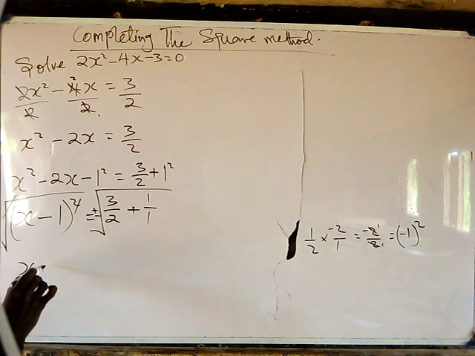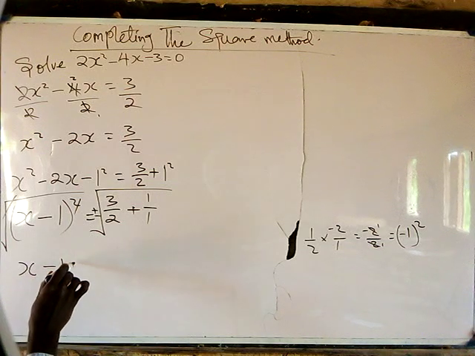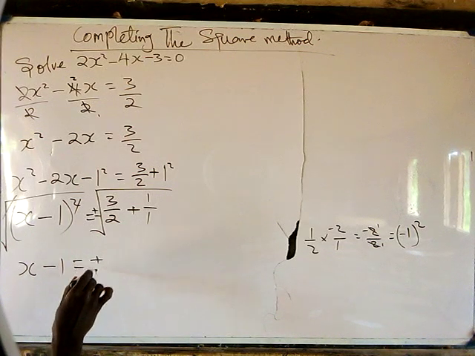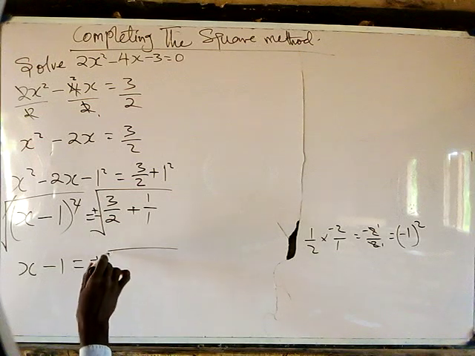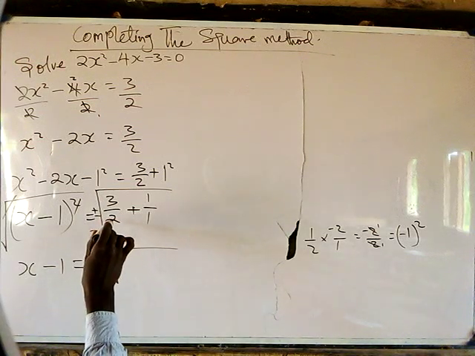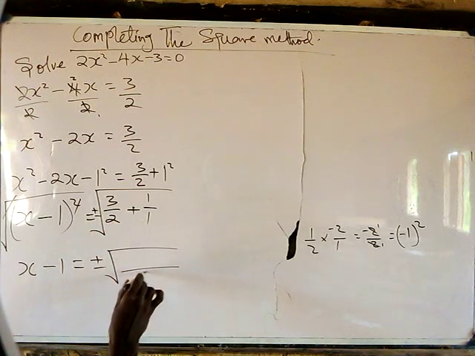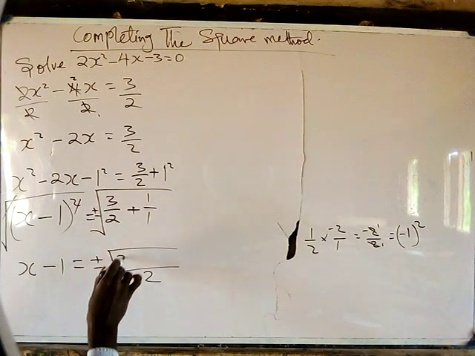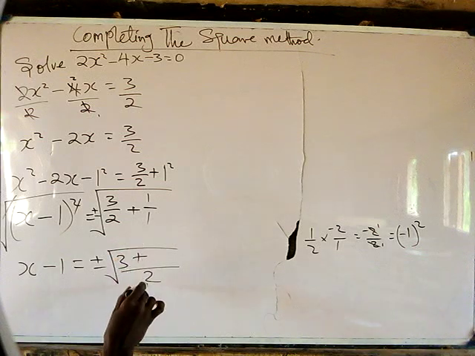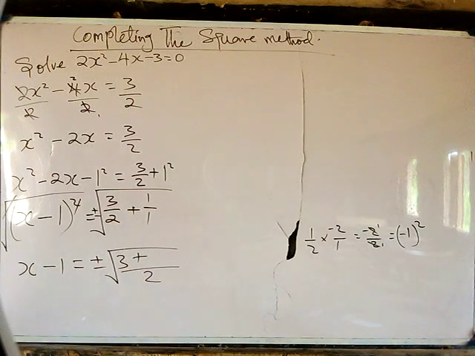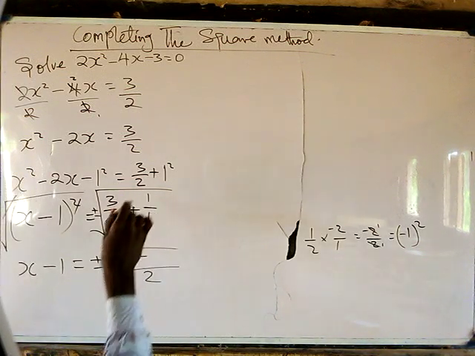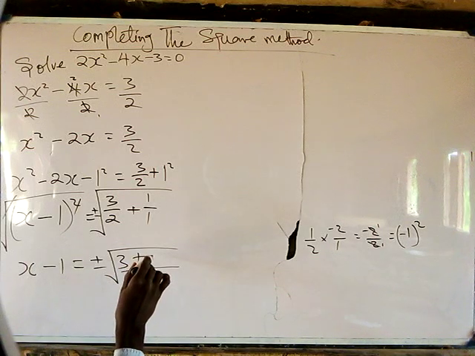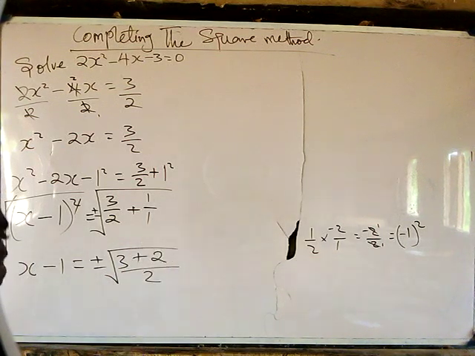You have x minus 1 equal to plus minus. Now LCM of 2 and 1 is 2. 2 divided by 1 is 2, 2 times 3 is... 1 times 3 is 3, plus 2 divided by 1 is 2, 1 times 1 is still 2.